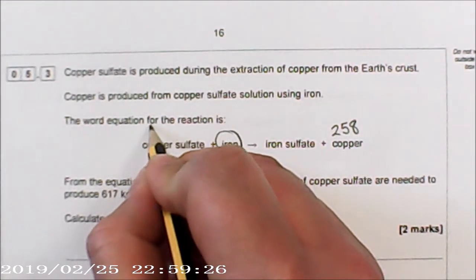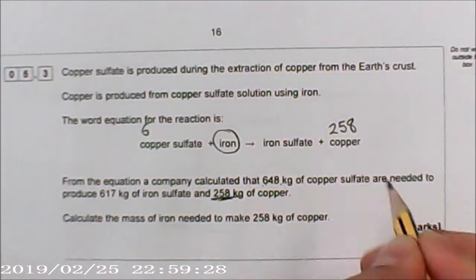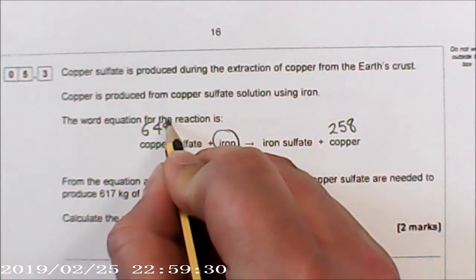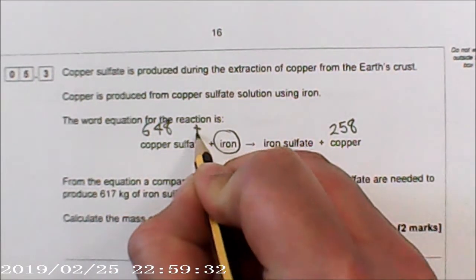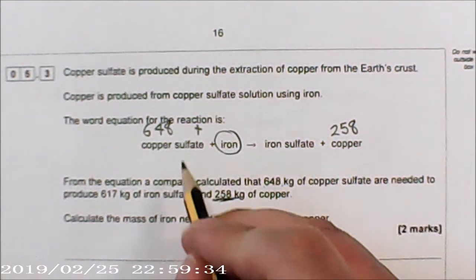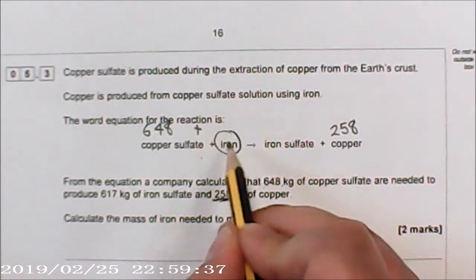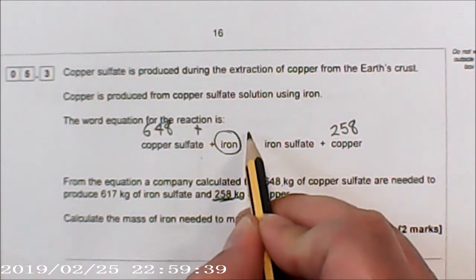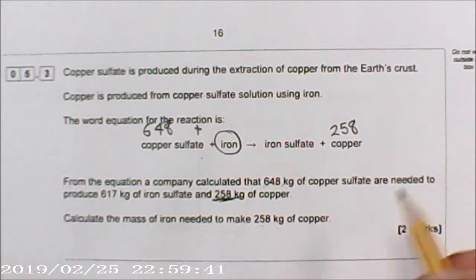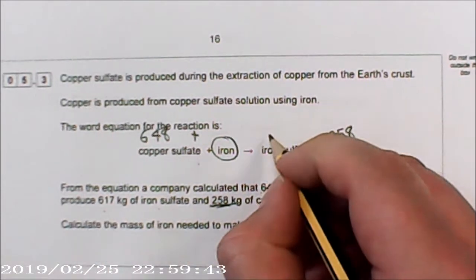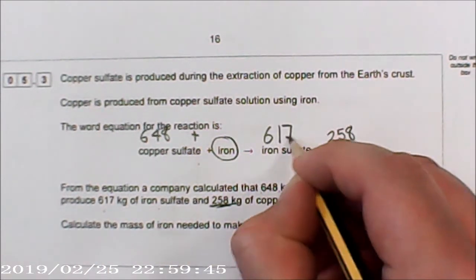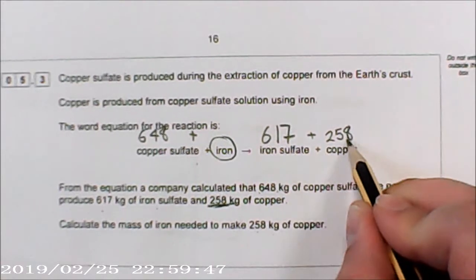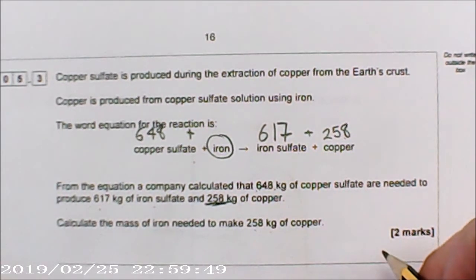So we can start putting in the numbers that we know, 648. So there's 648 kilograms of copper sulfate reacting with an unknown amount of iron, and that's going to make iron sulfate which is 617, and 258 kilograms of copper.